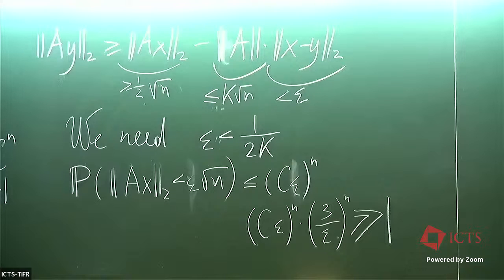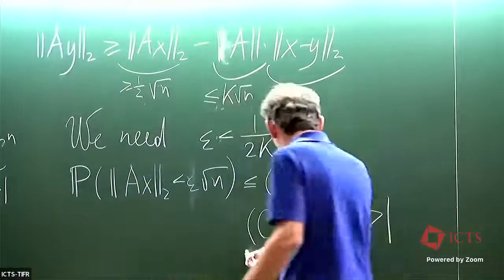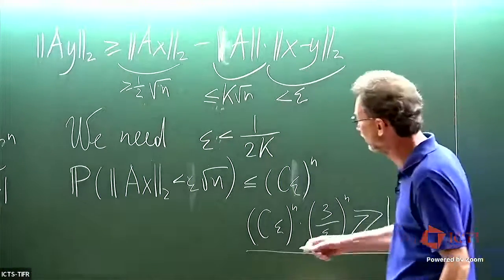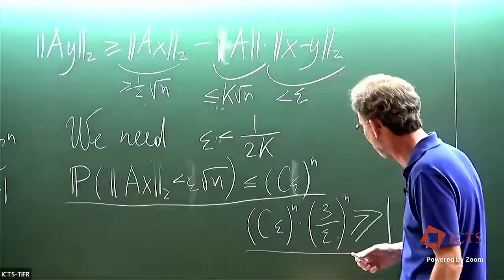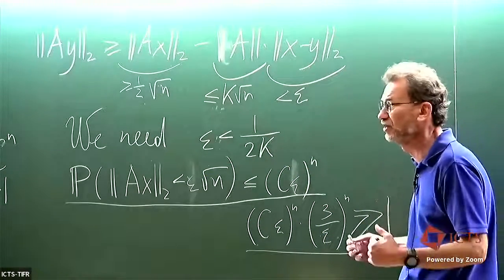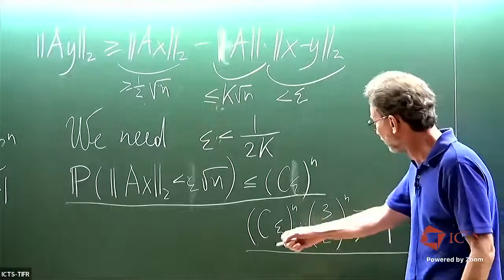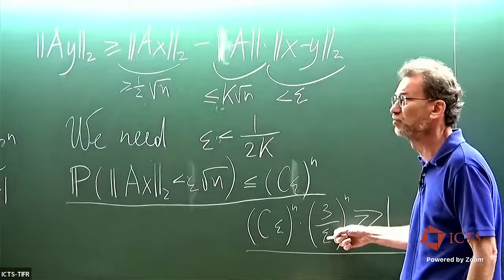I can take epsilon depending on n, but this is encoded in epsilon. Even if I try, in the best world, I'll get this: if the small ball probability holds for any epsilon, I still am not able to do anything with this product.